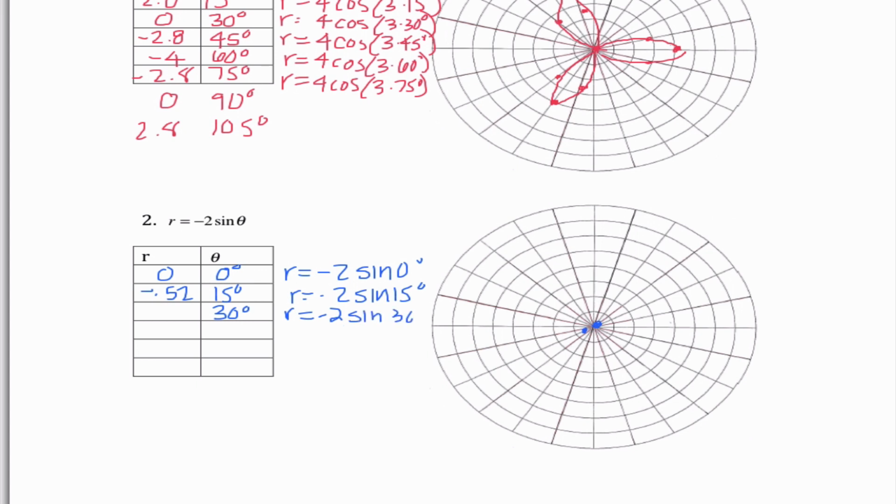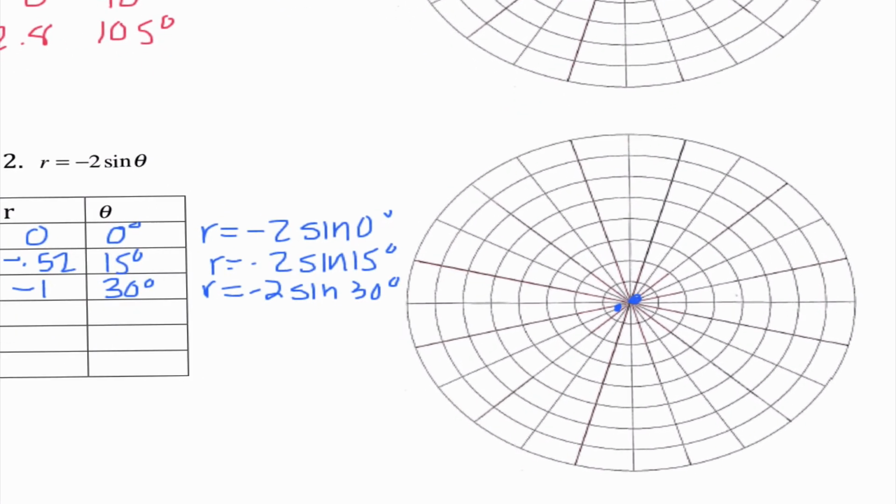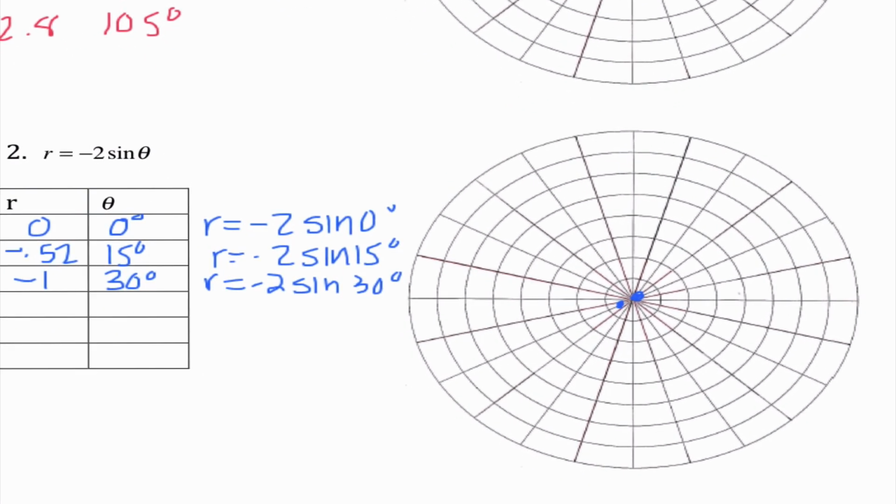If I put in 30 degrees, I'm going to do R equals negative 2 sine of 30, which gives me a value of negative 1. So negative 1 at 30 degrees would be about here. Okay, I'm actually going to zoom in just so it's a little bit easier for me to graph here because these points are all pretty small.